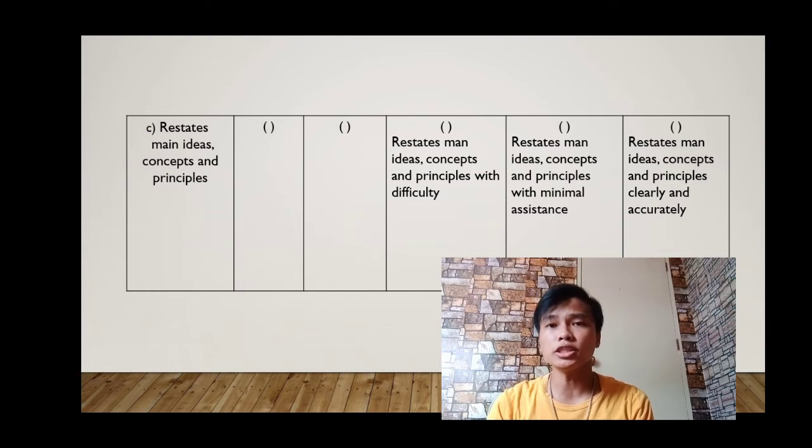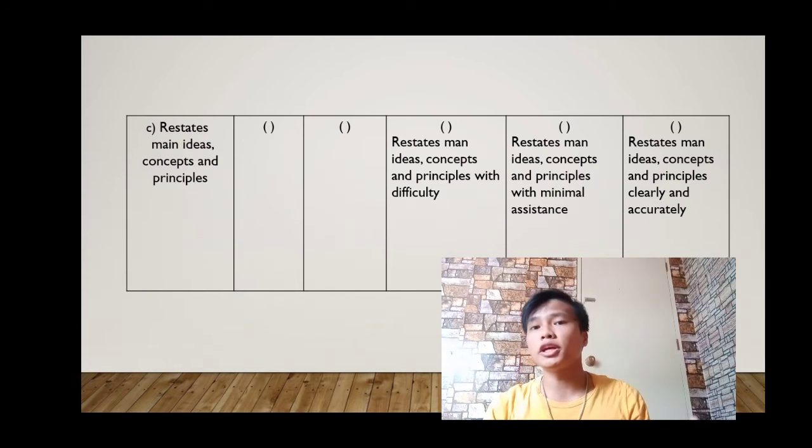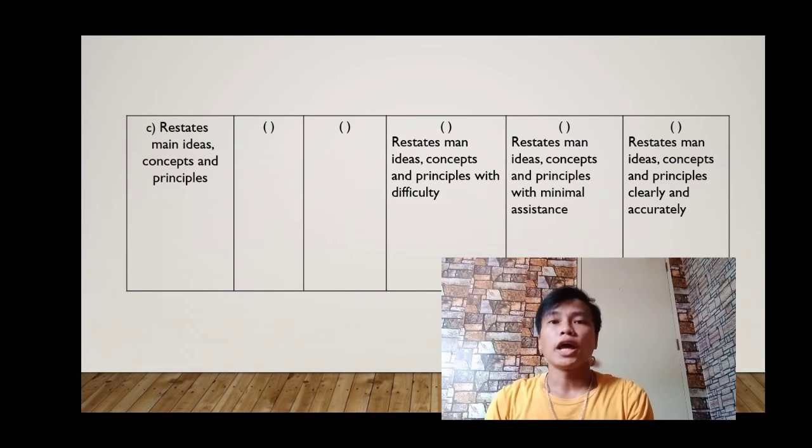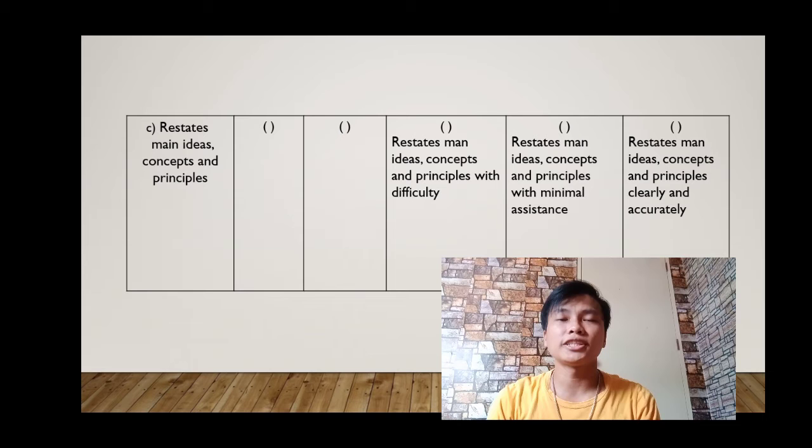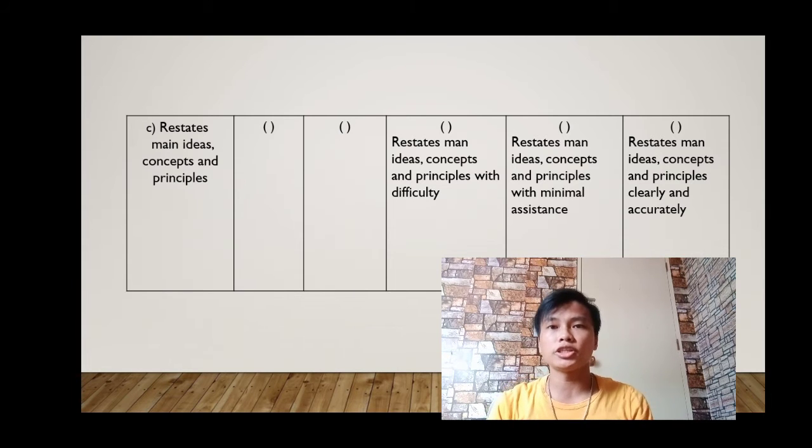So next is the category of the capable, the student restates main ideas, concepts, and principles with minimal assistance. So in this category, the students can restate the main ideas or the principles with minimal assistance.